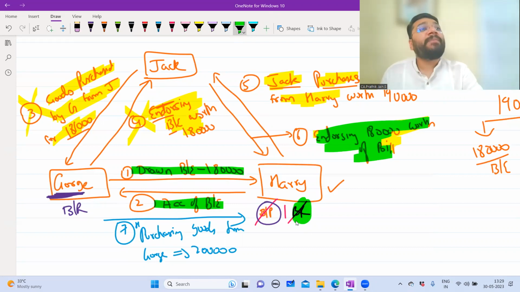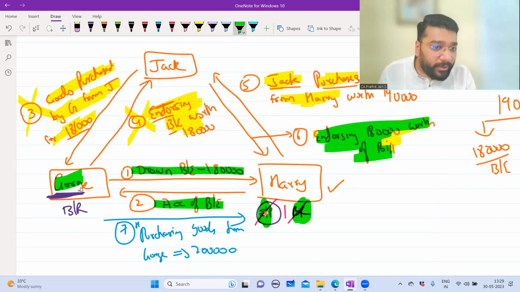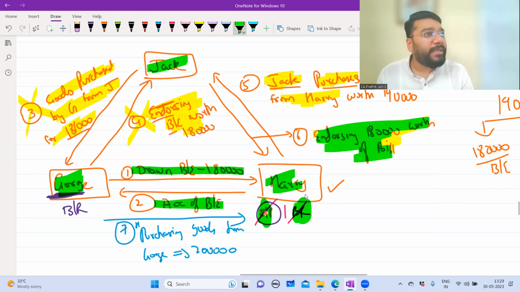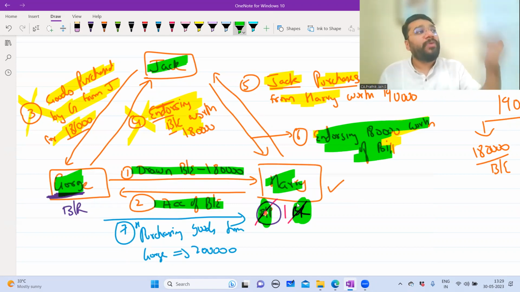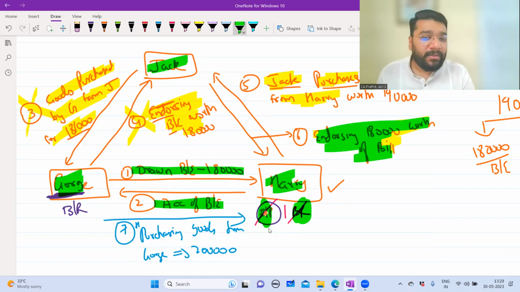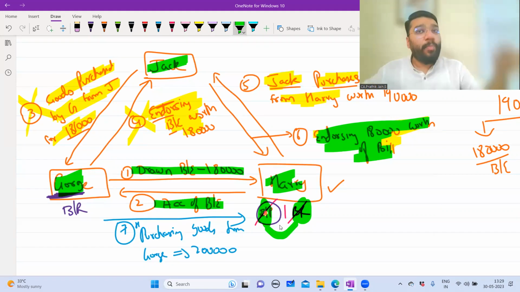So this bill was initially accepted by whom? Harry accepted. So Harry gave the acceptance to Gorgie. Then that acceptance was transferred to Jack. And then that acceptance came back to Harry. So Harry has to pay the money to himself. Which means this bills payable and bills receivable both are in his account.